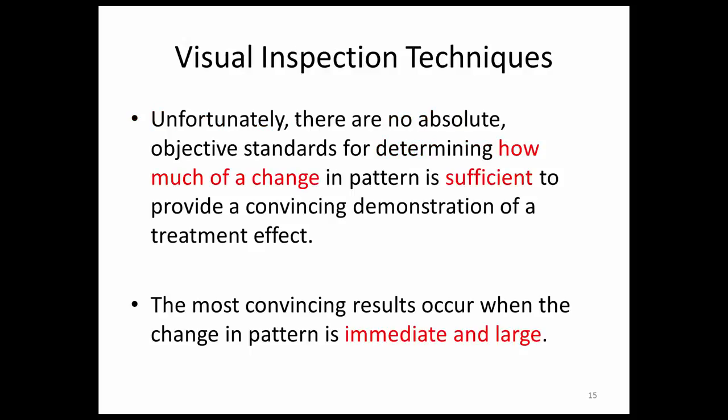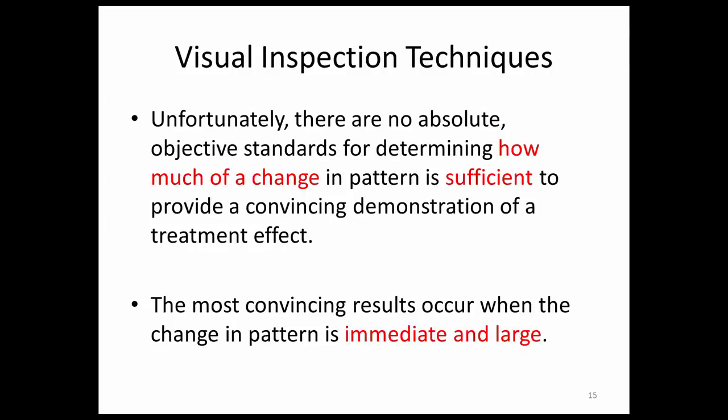Now that we learned some basic definitions, let's see how you actually do the visual inspection techniques. Again, because we don't have statistical analysis, there is no level of significance here. Everything that we say about the behavior is based on our visual inspection.